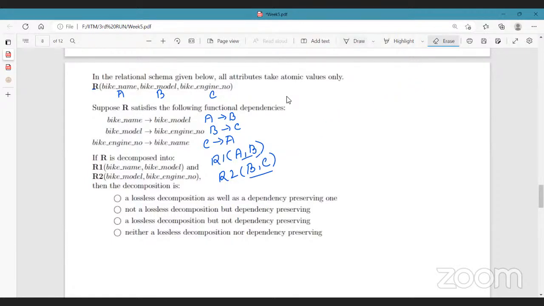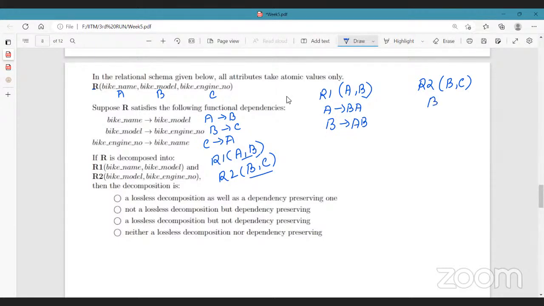For that, we have two relations, R1 (AB) and R2 (BC). Now we'll find all the functional dependency sets that we can get in each relation. In R1 it will be A to B, A to AB, and B to A, B to AB.